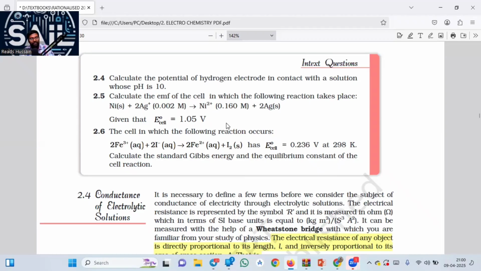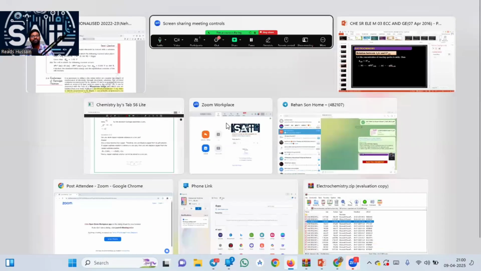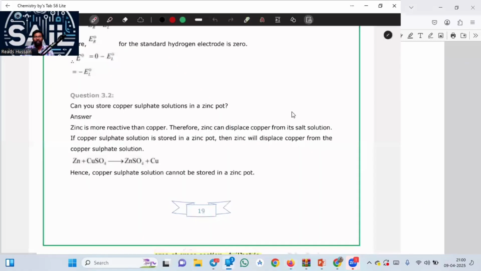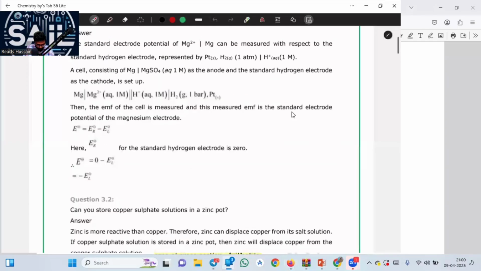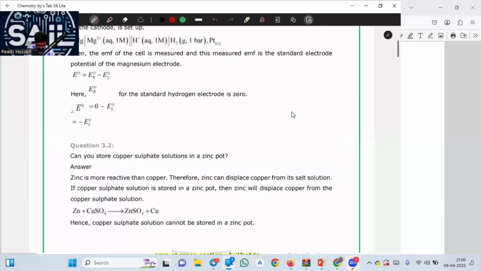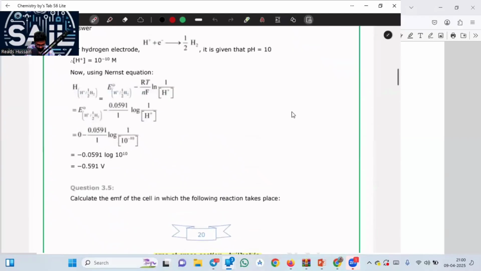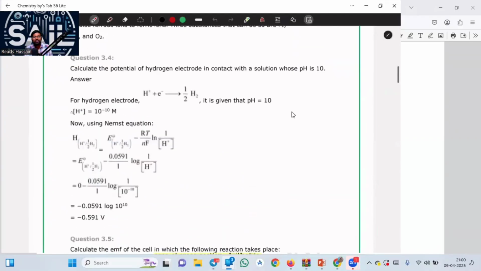And for this, I'll open my tab. So you can see the solution of this, and the same thing I have shared in our WhatsApp group. Later you can download and use that solution. This is the question given, right?